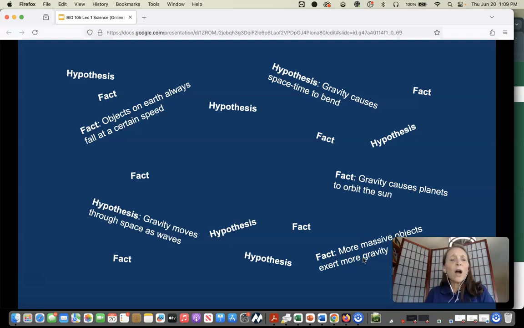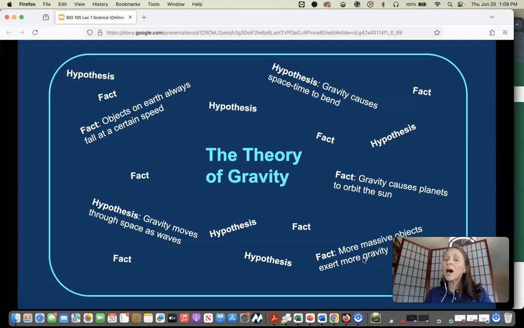And there are all these other hypotheses about gravity. And so because we have all of these facts and all of these hypotheses that support this theory of gravity, at this point in time, our theory of gravity is elevated, not just a hypothesis, but a theory of gravity, because all of this evidence, all of these facts, and all of these hypotheses support the theory of gravity at this point in time, okay?